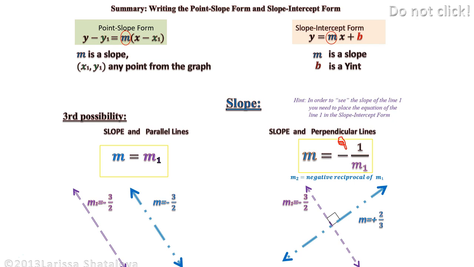So, for instance, if we have two lines and we know that one has a slope and the second one would be perpendicular, we can calculate slope for the second line. This is what we are going to practice. We are going to use the three possibilities in order to write out point-slope form and slope-intercept form.